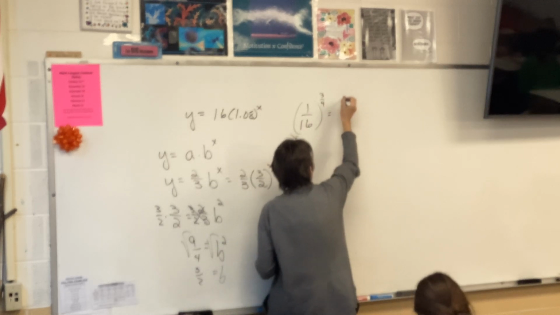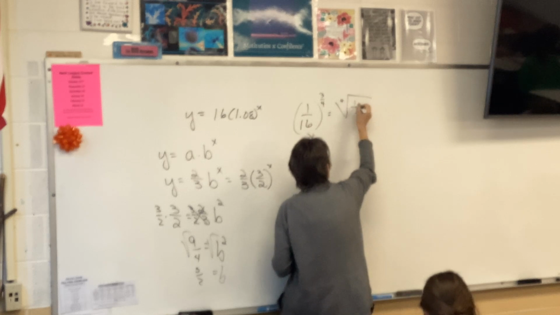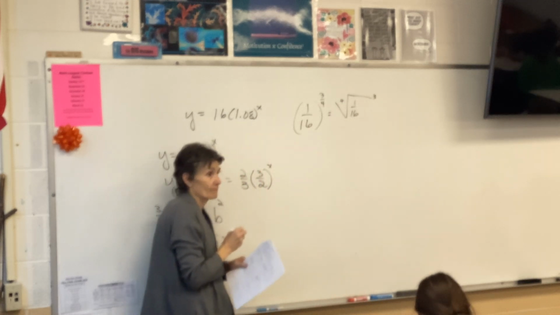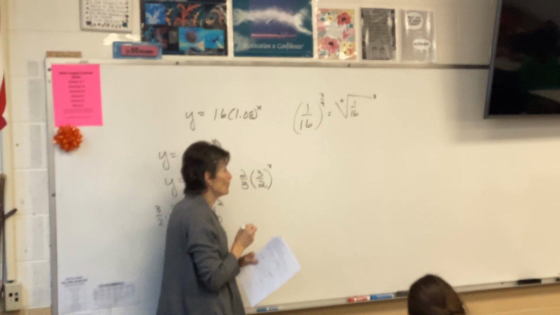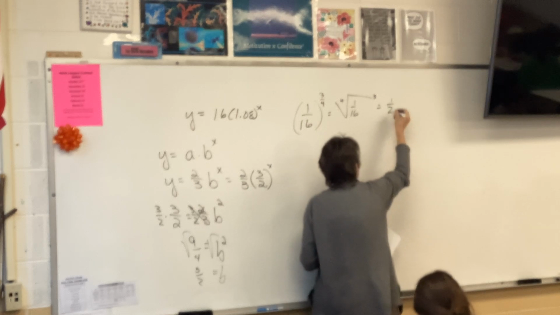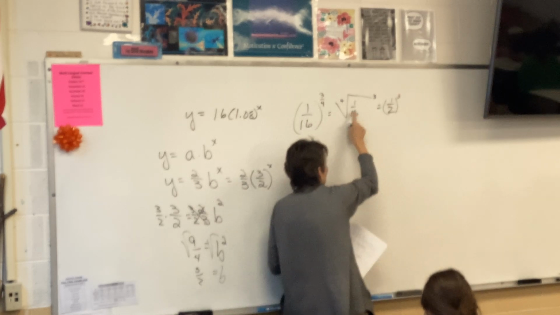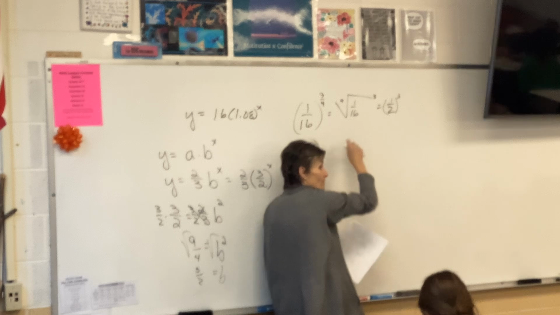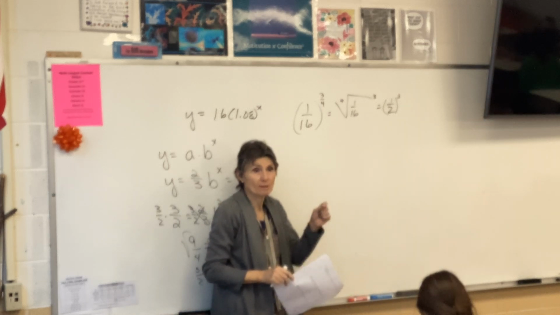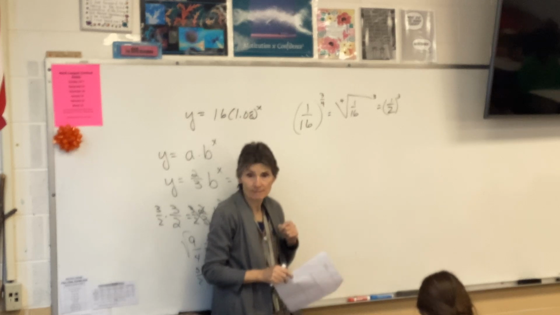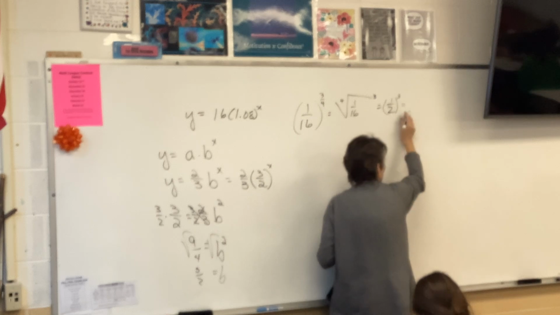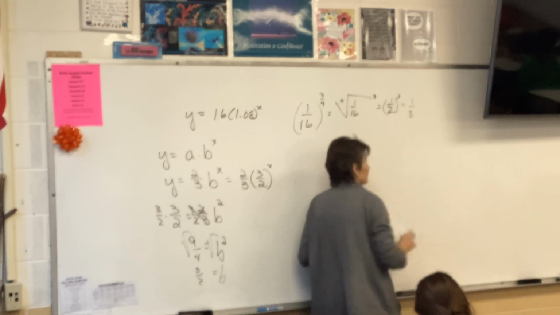That means the 4th root of 1/16 cubed. What's the 4th root of 1/16? 1/2. Because the 4th root of 1 is 1, and the 4th root of 16 is 2, because 2 times 2 times 2 times 2 is 16. Now we gotta cube it, so our final answer is 1/8. Got it?